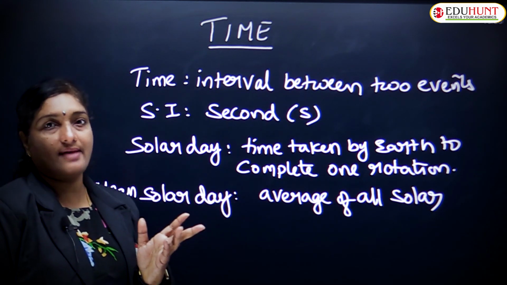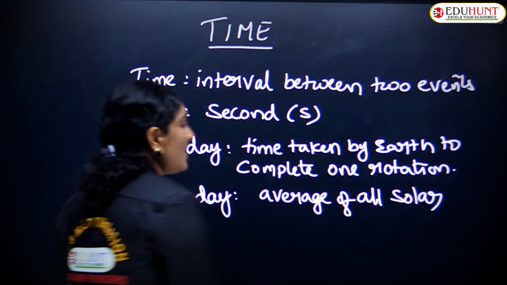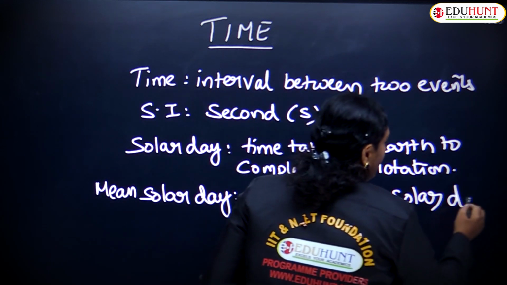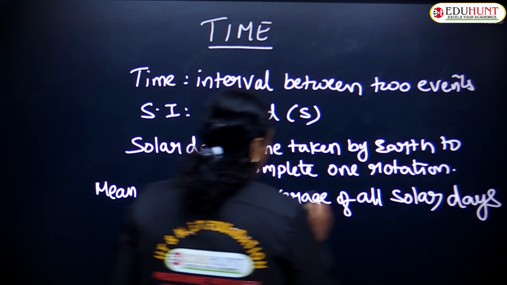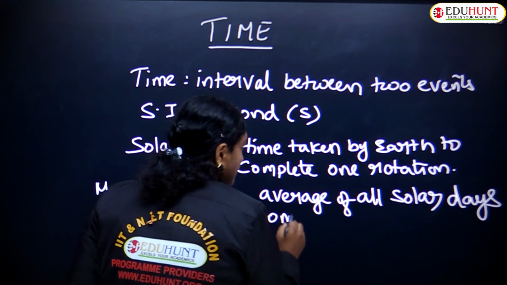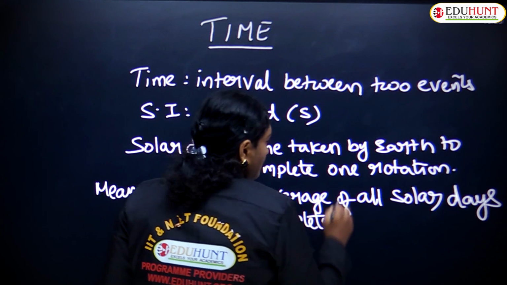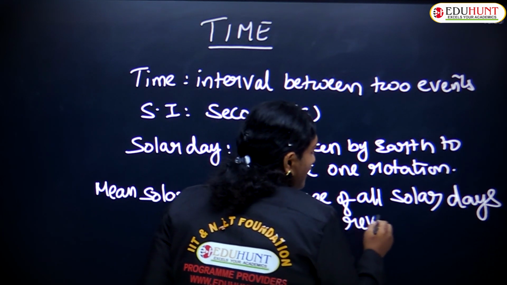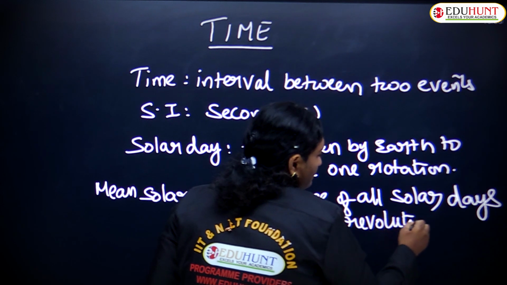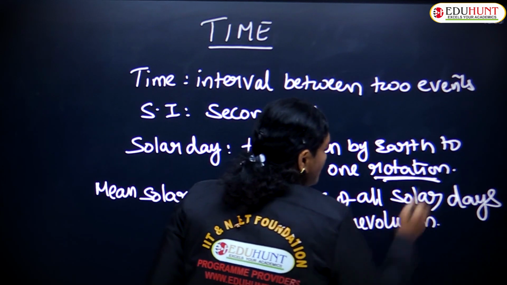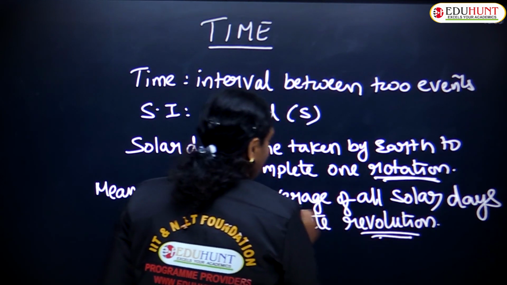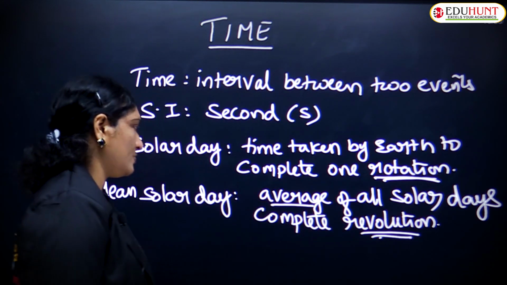You have to take the average by dividing with 365. Average of all solar days when the earth completes its revolution. This is about rotation and this is about revolution. For all the revolutions you need to take the average.